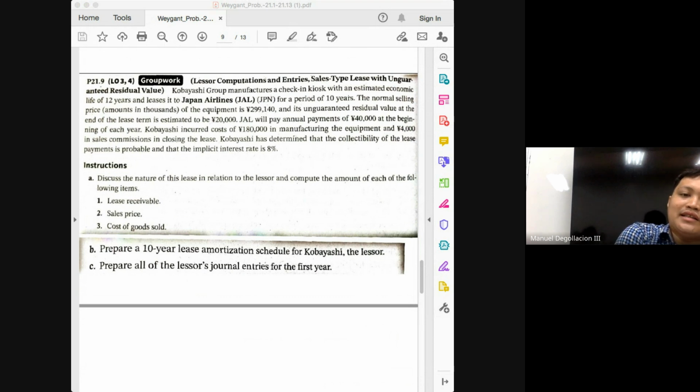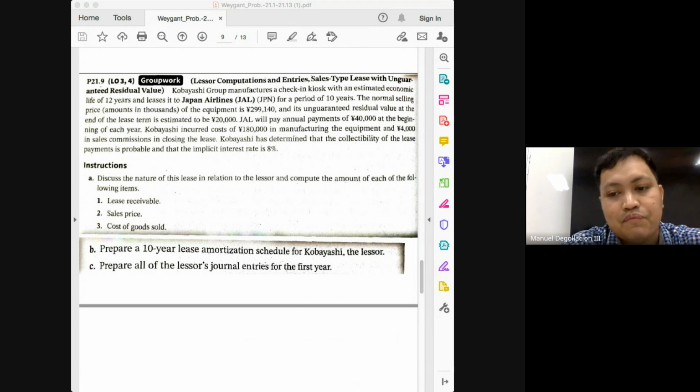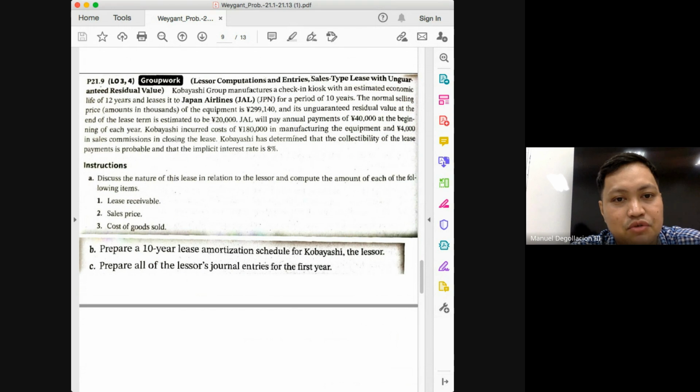Okay, first, interest revenue, class. Interest revenue, year 1. What do you do? Outstanding balance. How much was the initial balance of your lease receivable? 299,140. But what else happened? Is this also at the start of the year? You also received payment. How much payment did you receive? 40,000. And the entire payment is applicable to the principal, correct? Okay, no interest has accrued yet.